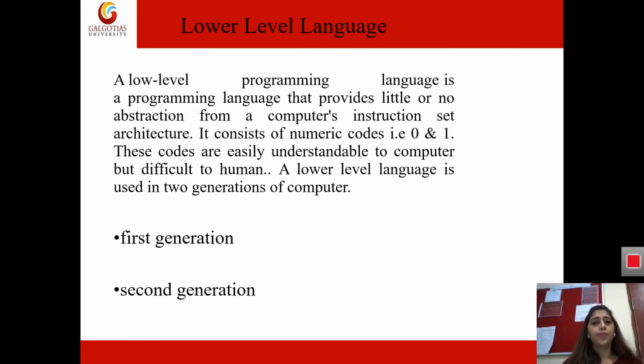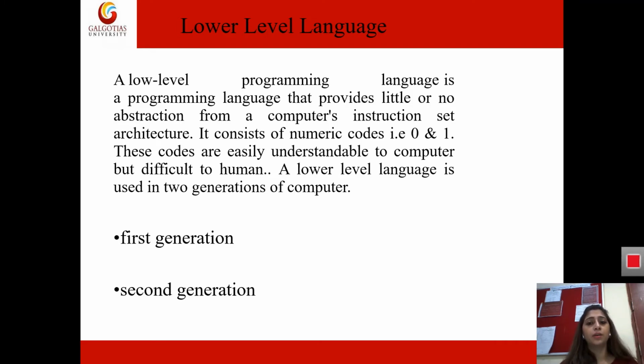A low level language is a programming language that provides little or no abstraction from the computer's instruction set architecture. The instruction set is very close to what the computer can understand.